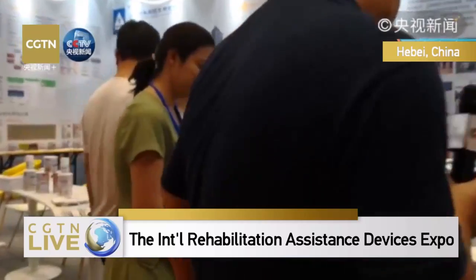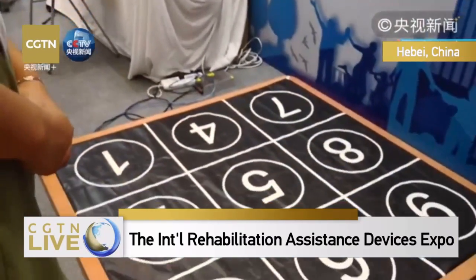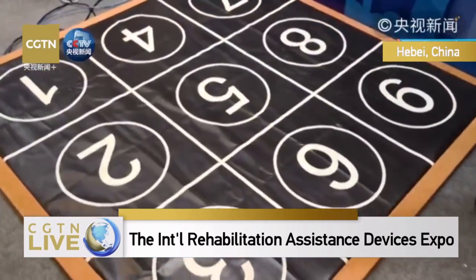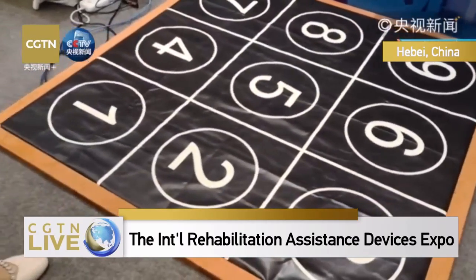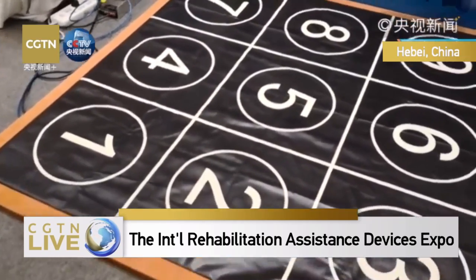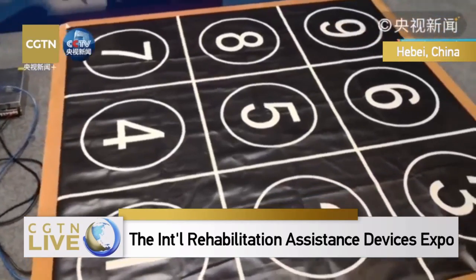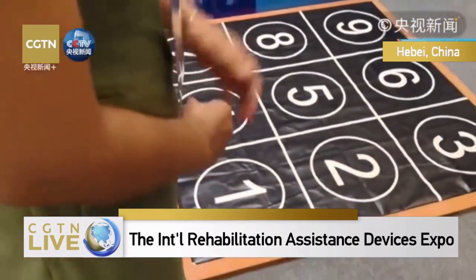This is another example for training. It's a board game, also helpful for restoration. So what training is this?